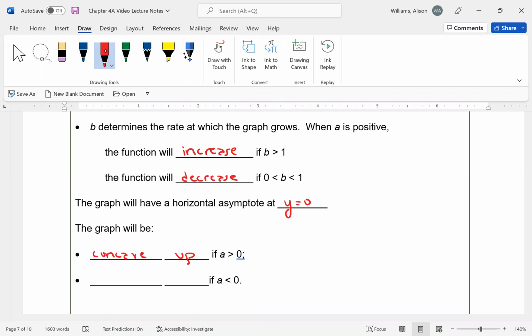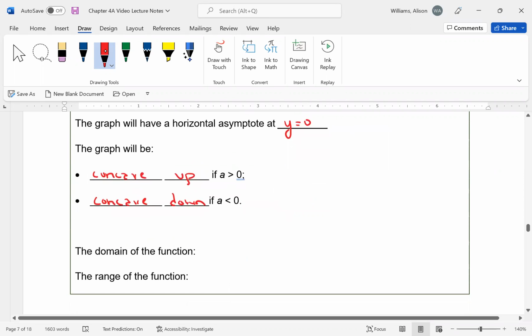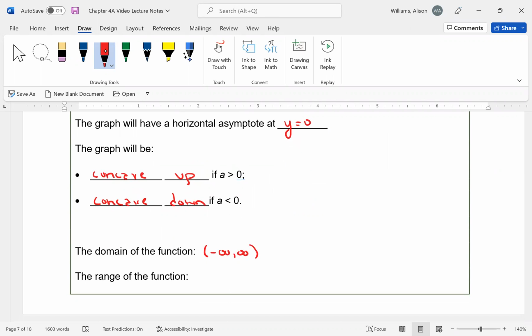And if a happens to be less than 0, it's going to end up flipping the graph and being concave down. And then the domain for all of these is all real numbers, or negative infinity to positive infinity. And the range, though, is never negative. So it's going to be from 0 to infinity.